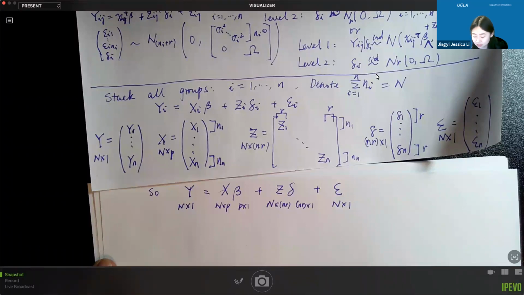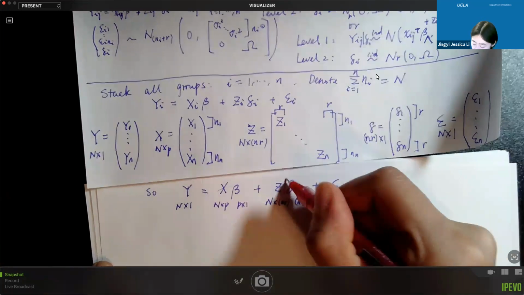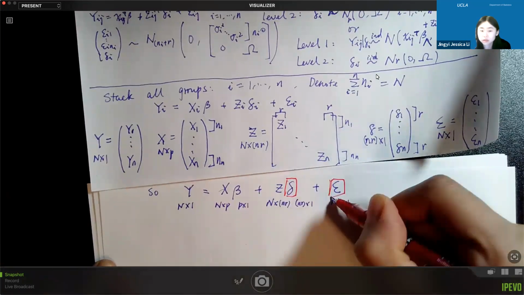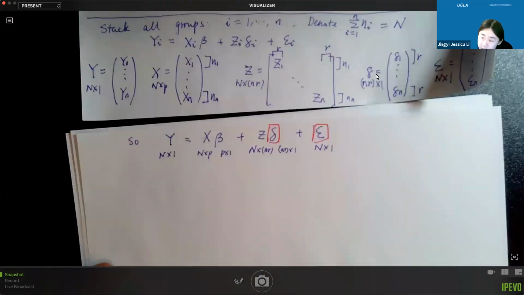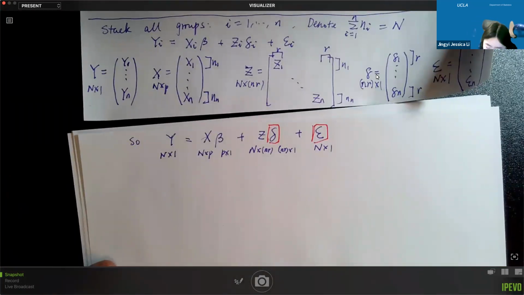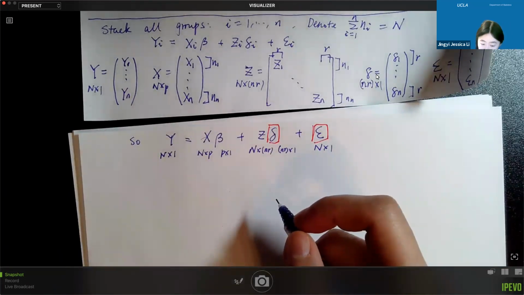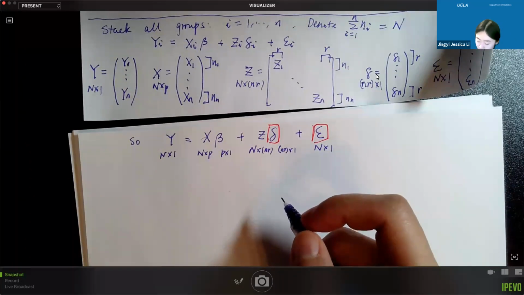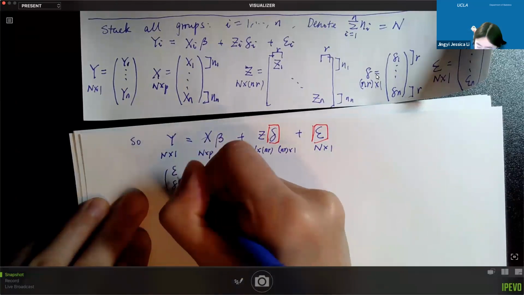When we write this down, we need to specify the randomness, right? So this is with all the notation, and we have random quantities as the delta, as the epsilon. So how do we proceed? We need to specify the joint distribution of epsilon and delta, which we already have. So what is the distribution of epsilon and delta?